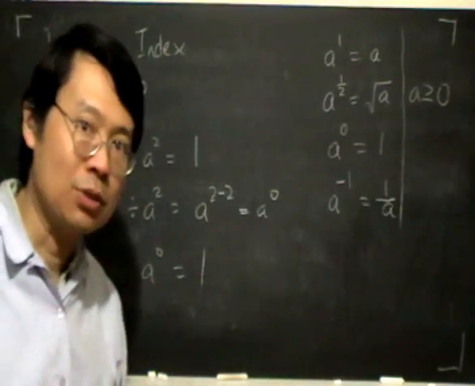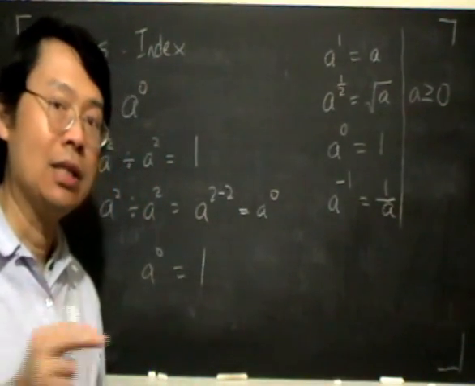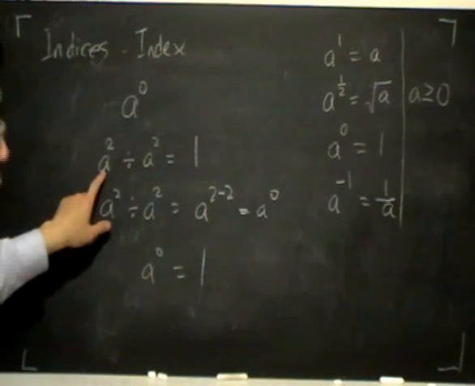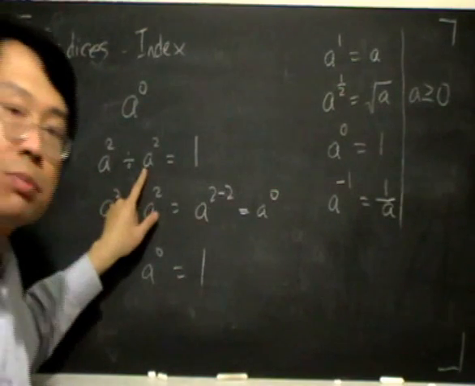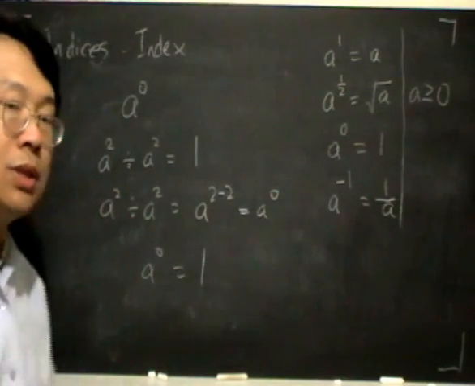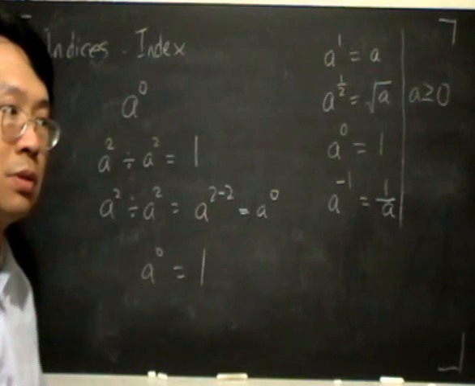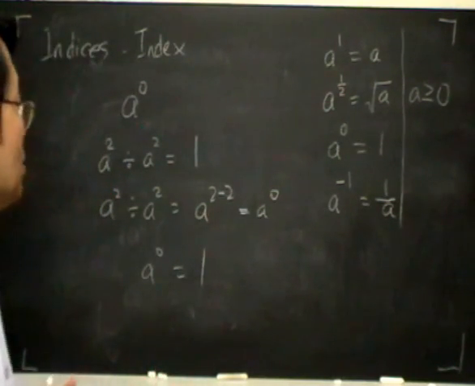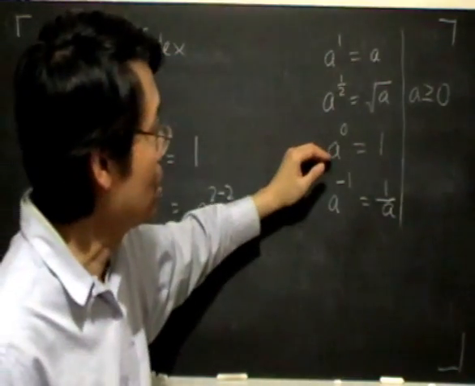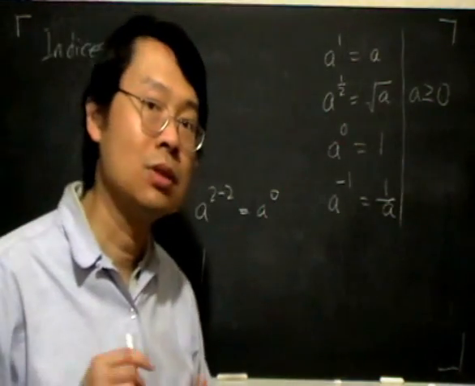But now we are going to ask the question, what if a is 0? If a is 0, we have 0 divided by 0. What is 0 divided by 0? There is no answer. It is undefined. So that's the situation that we have here. 0 to the power of 0 is undefined.